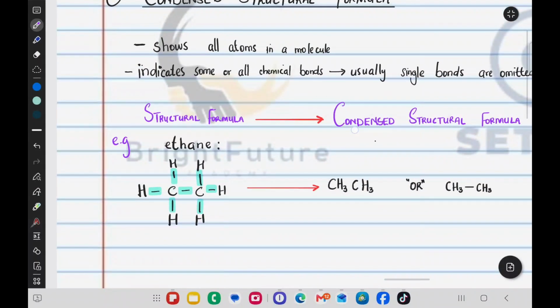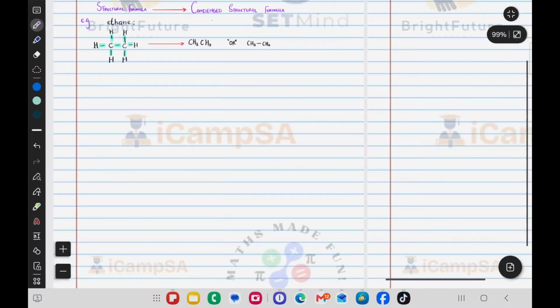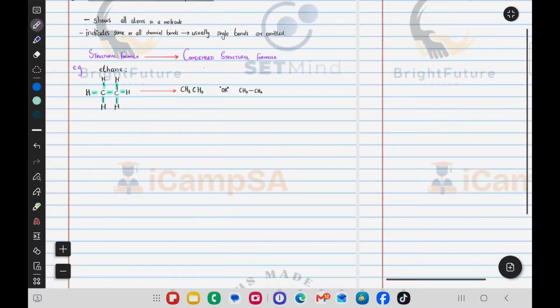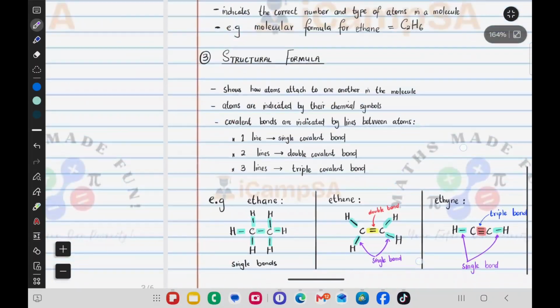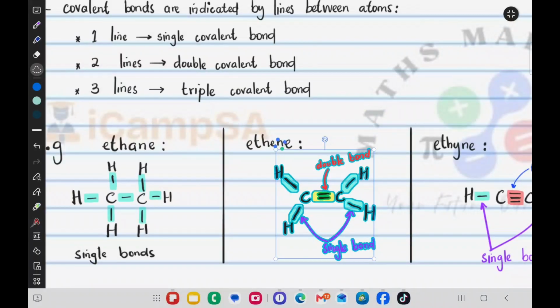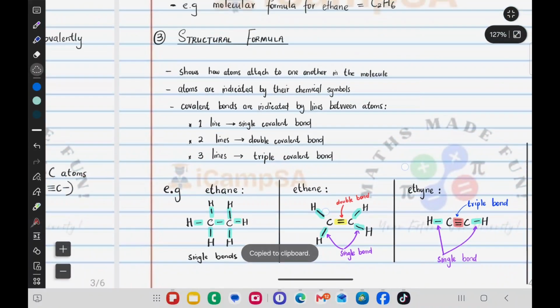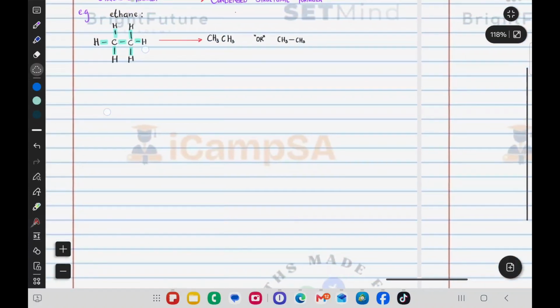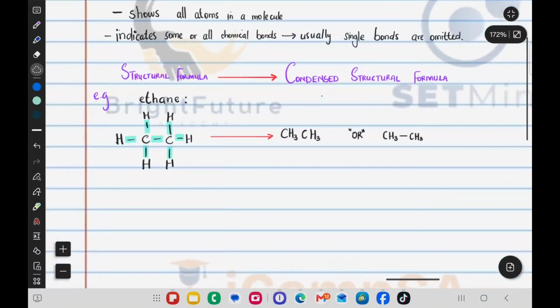And then let's check how we would handle ethene. Ethene is a case where there's a double bond. So where there's a double bond, you also indicate it, right?